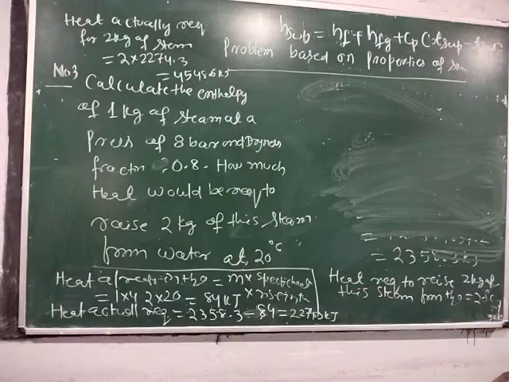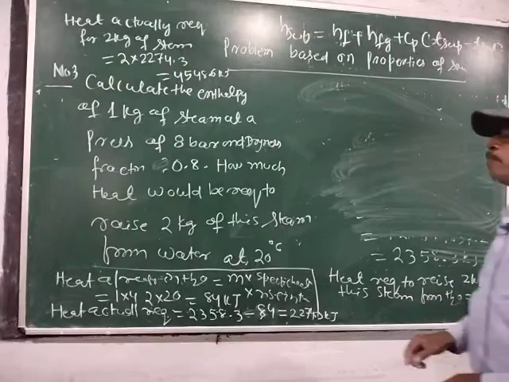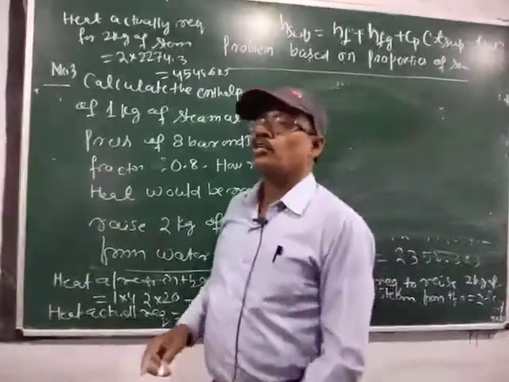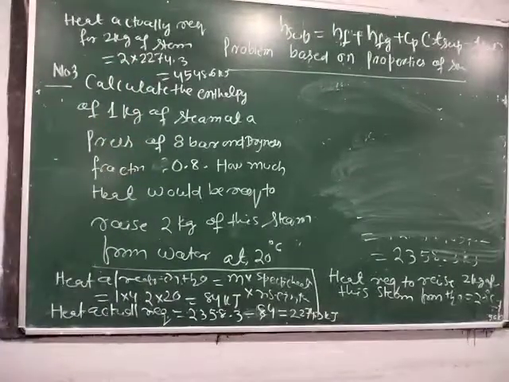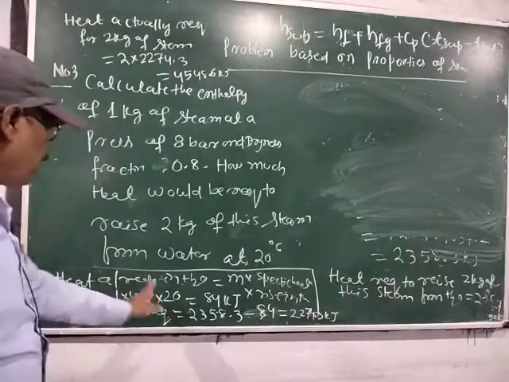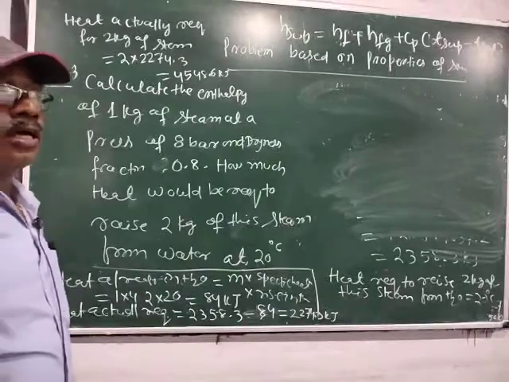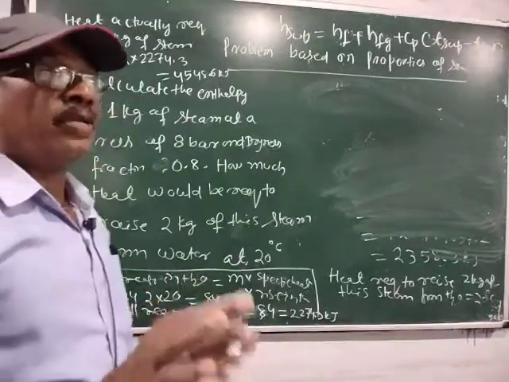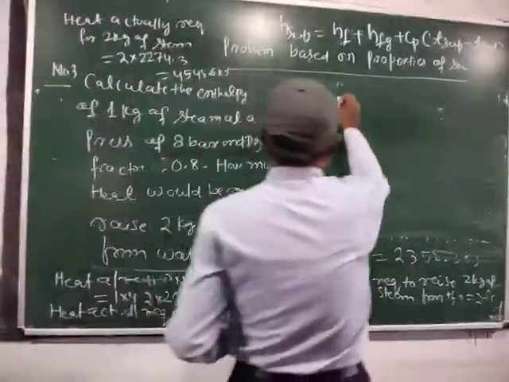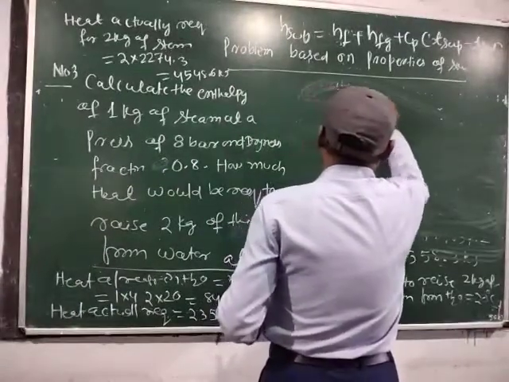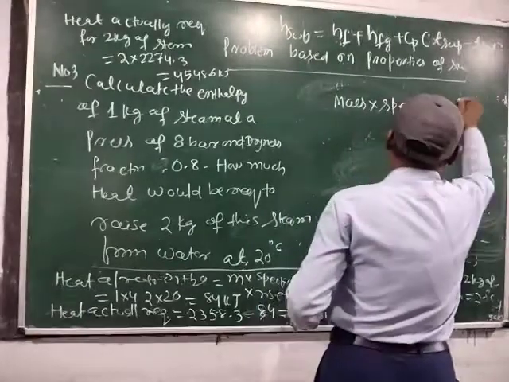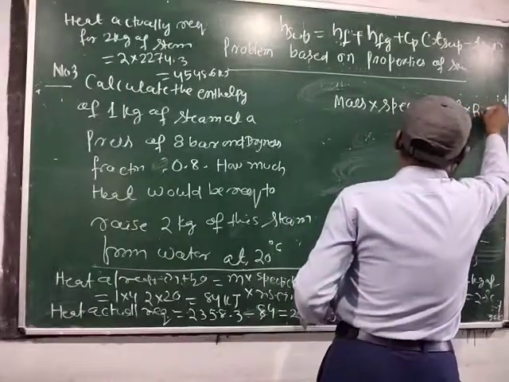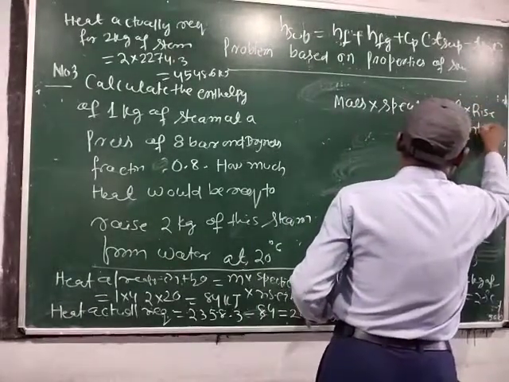Heat required to raise 2 kg of this steam from water at 20 degree centigrade. Therefore, heat already in water is equal to mass into specific heat into rise in temperature.